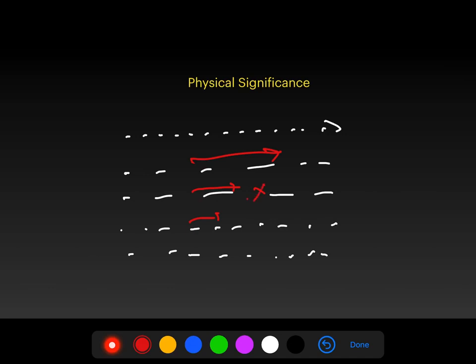Then this paddle will rotate, in this direction depending upon the position. So the rotation is due to the non-zero value of the curl of the velocity vector.